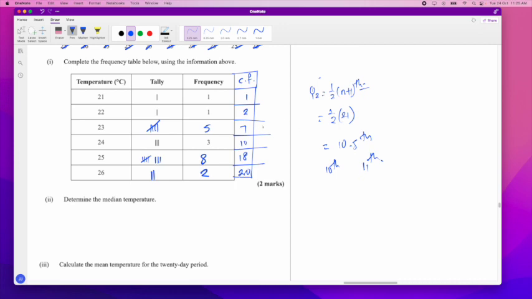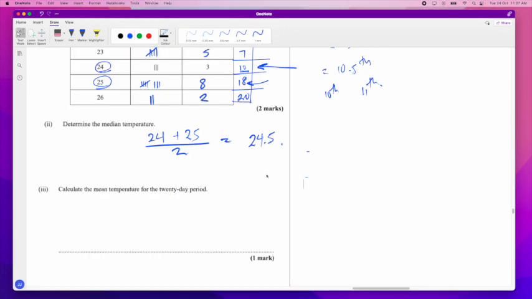So if I come here, I can see that my 10th day is 24 degrees. But then my 11th day is going to fall in here for 25 degrees. And so I have two medians, 24 plus 25 divided by 2. That is 24.5.